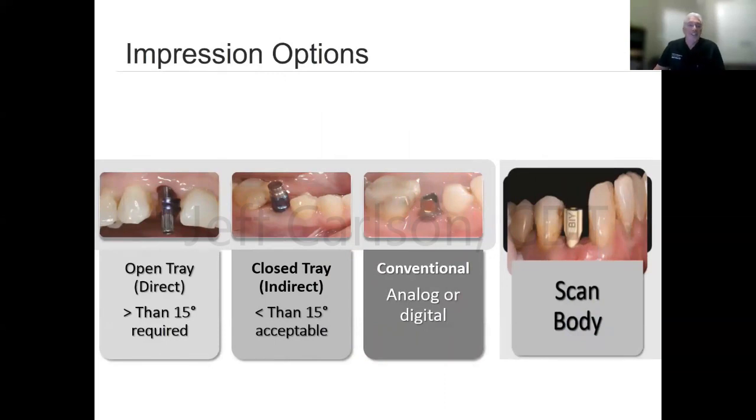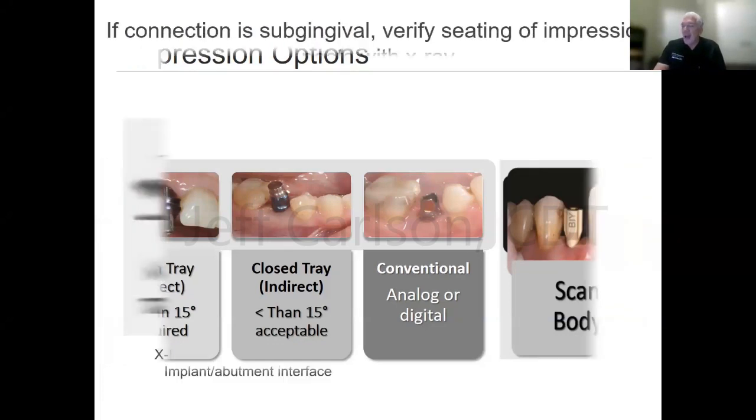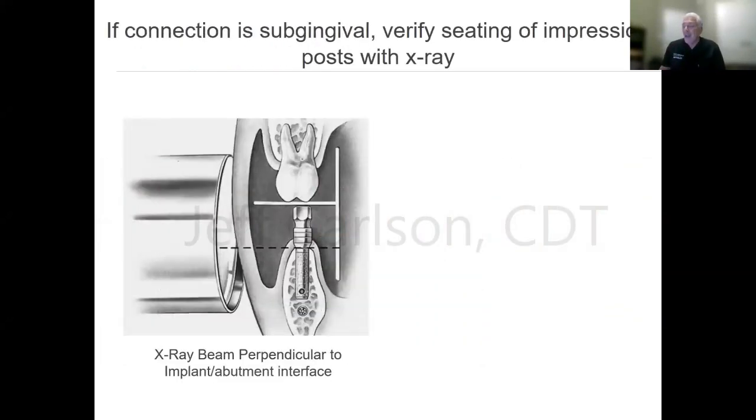Then impressions, we kind of covered this in Implants 101 Part 1, but you have direct, when implants are divergent more than 15 degrees, you probably need that. Scan bodies are available as well. But what I wanted to get into was this right here. Not too many people are talking about this.